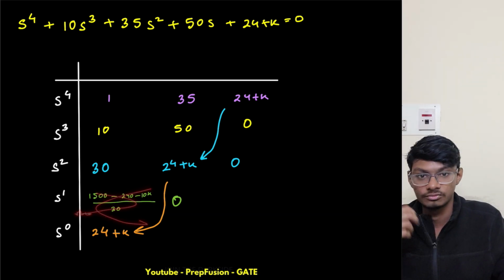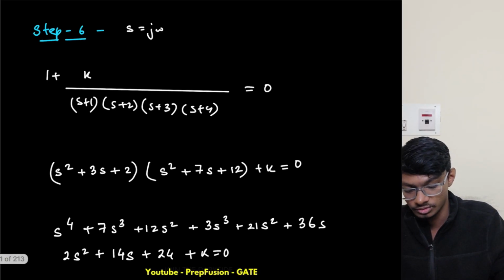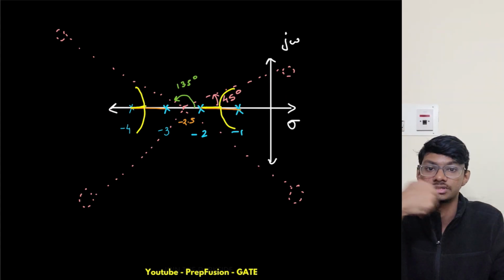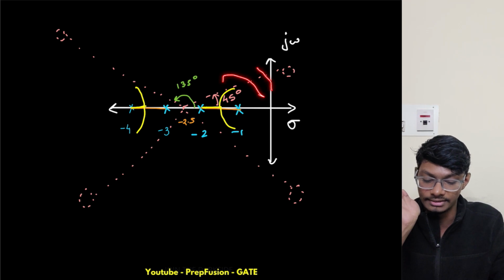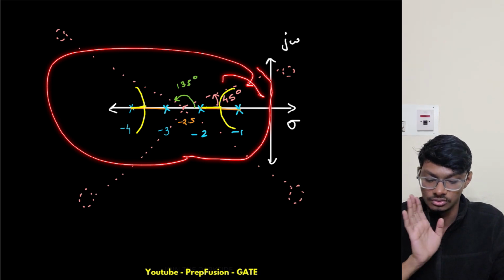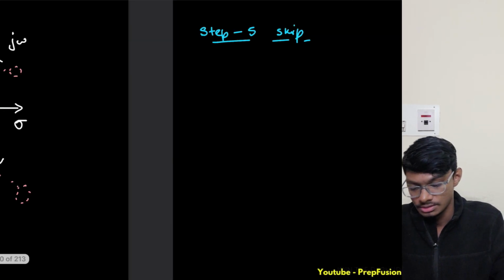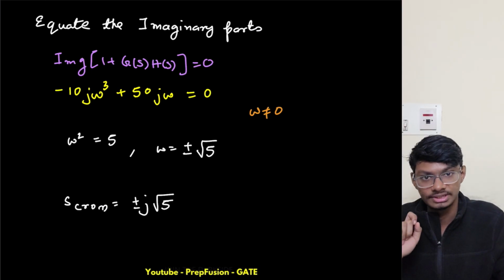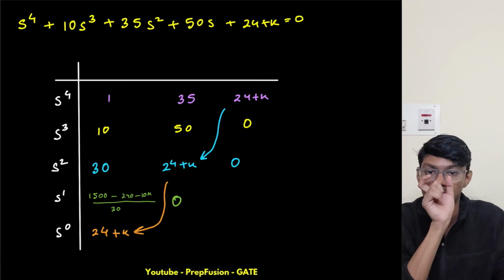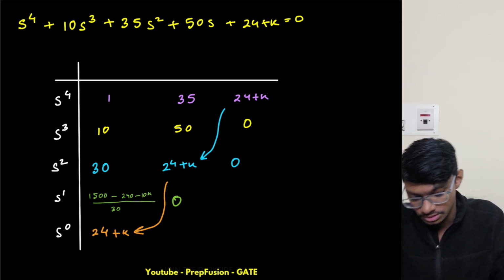If it is less than 0, my system would be unstable, because after this point the poles go into the right half plane. Until this point my system is stable because all four poles lie on the left hand side. Once they cross over, they become unstable. That's why if I equate this one with 0, that is the critical point about which my system goes from stable to unstable.